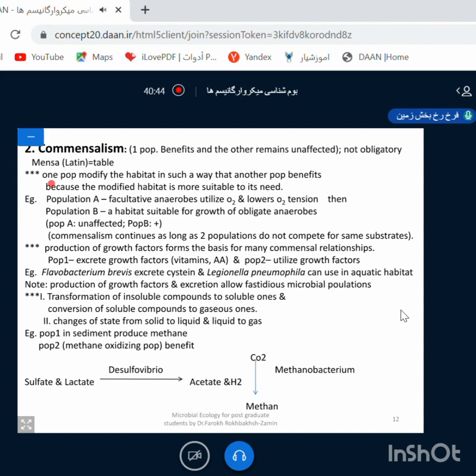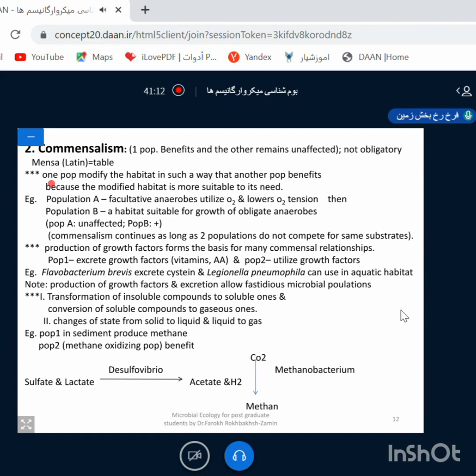So for the facultative anaerobe, the presence of the obligate anaerobe is indifferent. If the obligate anaerobe is not there, the facultative anaerobe uses oxygen. If the obligate anaerobe is there, again they use oxygen. So for the facultative anaerobe it is no difference.